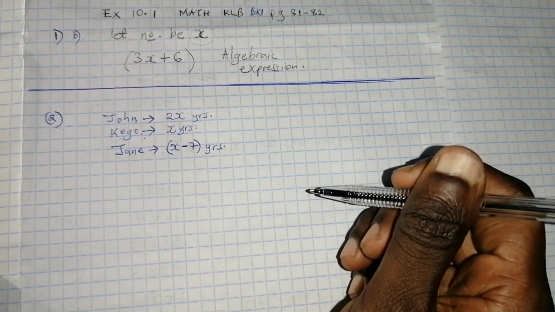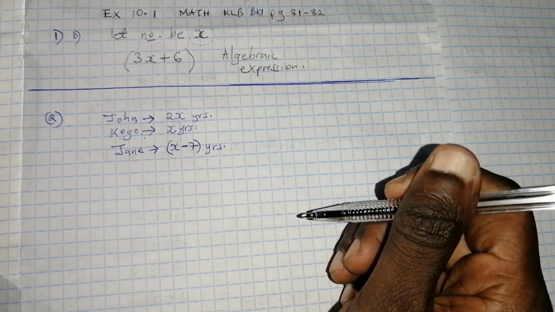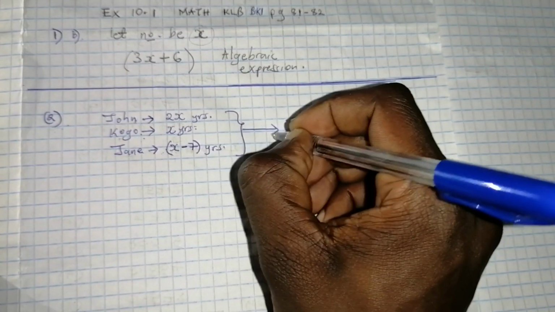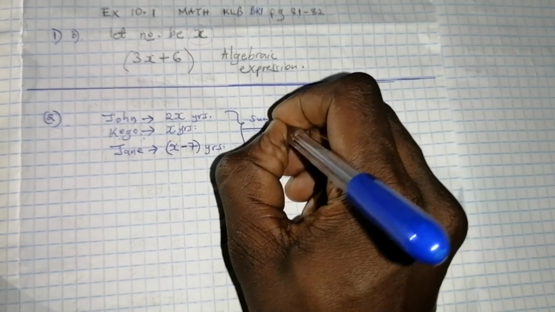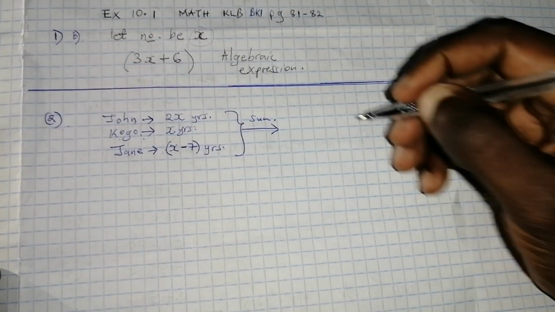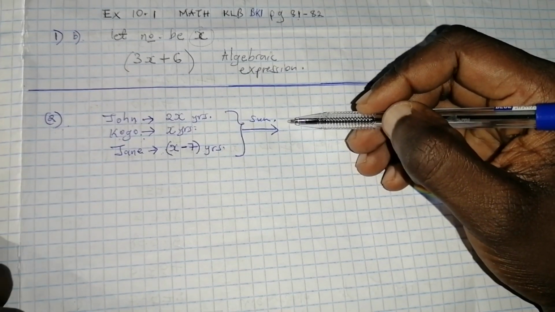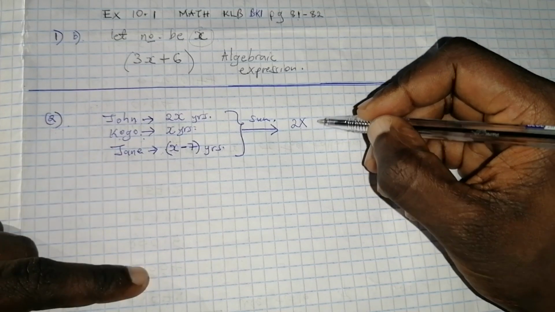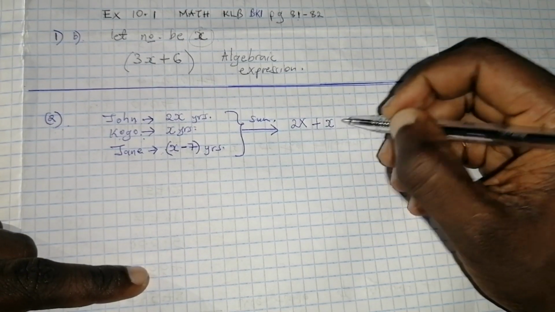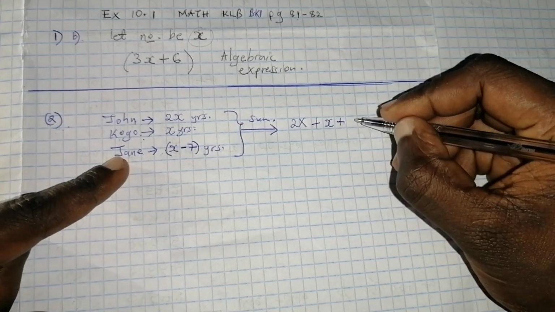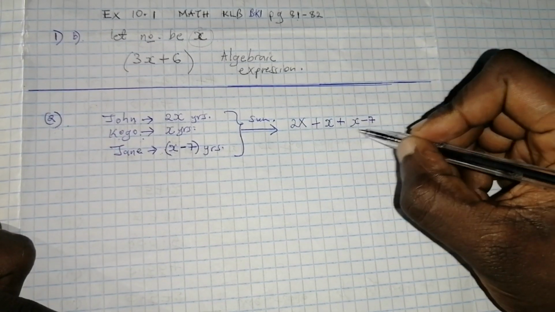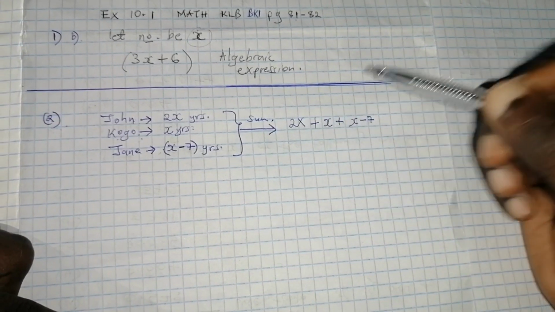From there, we want to write down an expression for the sum of their ages. The sum simply means you need to add John's age, which is 2x, to that of Kogo, which is x, and finally to that of Jane, which is x minus 7. At this point, we simply collect the like terms.